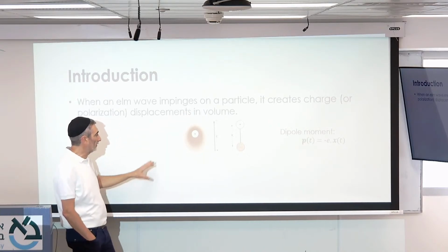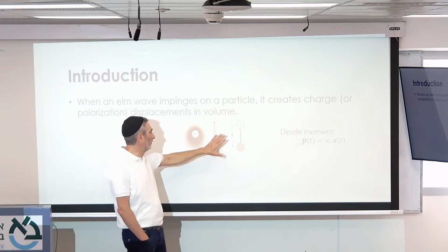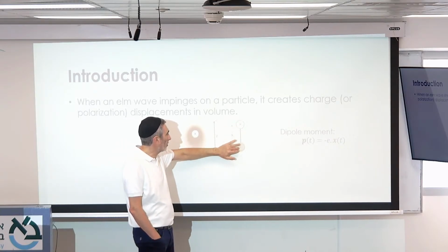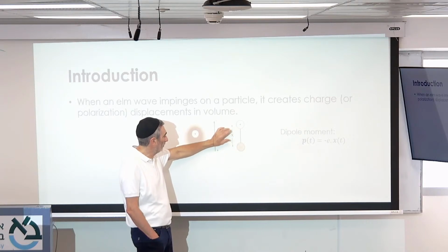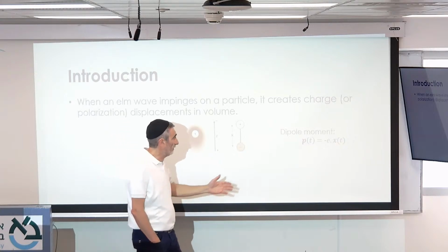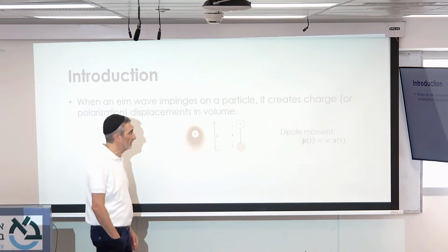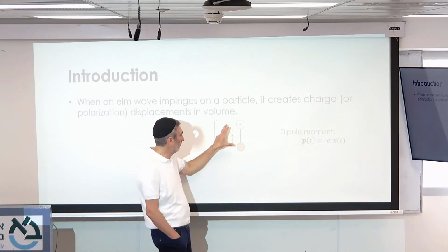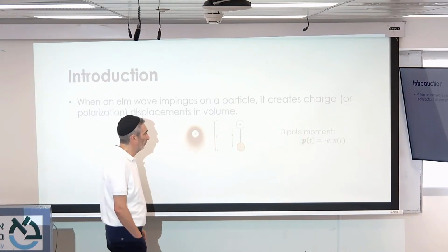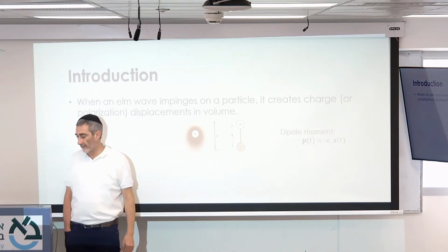This can be described very simply with two charges, and the distance between these two charges oscillates in time. You can define the dipole moment, this vector P of t, which is the charge times the distance between the plus and the minus charges in the system.